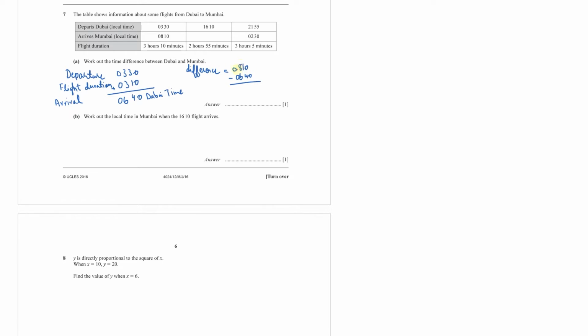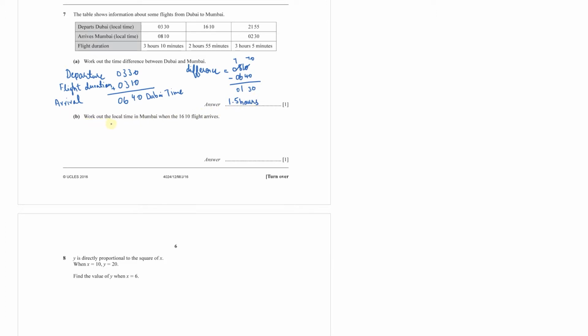You have to carry over 1, so you get 7 here, and then you get 70 here. 70 minus 40, you get 30, and then 7 minus 6 is 1. So your time difference is basically 1.5 hours. Or you can also write it as 1 hour, 30 minutes.